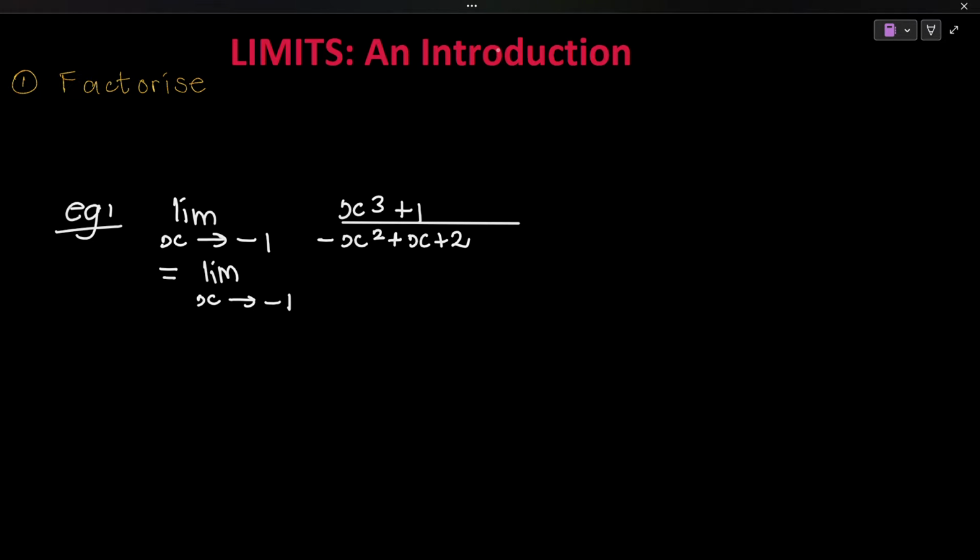Okay, factorizing the numerator for sum of 2 cubes, we know that it results in a binomial and a trinomial. That is going to be x plus 1, and the trinomial is going to be x squared minus x plus 1.